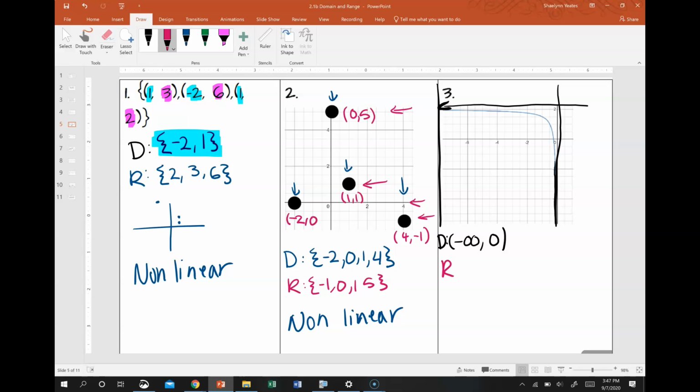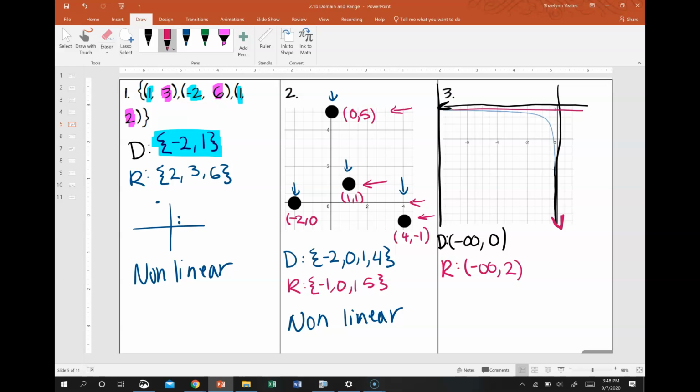Now my range is my y value. So if you notice on my y-axis now, I have an arrow pointing down, so it's going forever down. So that's -infinity. And then if you notice, I'm getting closer and closer to the number 2, which is right there. So it's going all the way up to positive 2, but it's never actually touching 2, so we're just going to do another parenthesis.